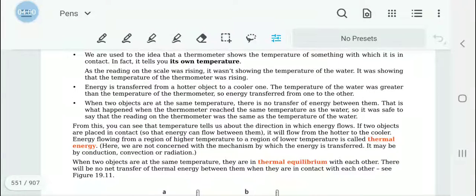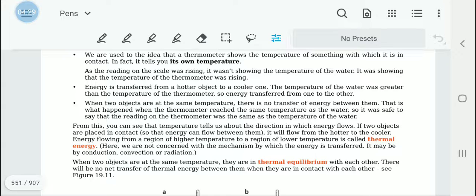So energy is getting transferred from a hotter object to a cooler one. The temperature of the water initially was greater, right? And then it continued to rise. So now just imagine what would have happened if you took a thermometer which was at 30 degrees Celsius and dipped it in icy cold water.